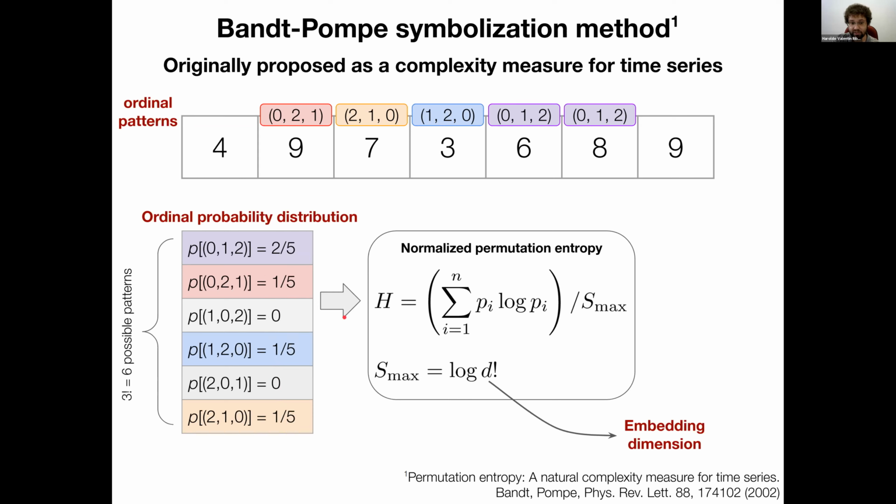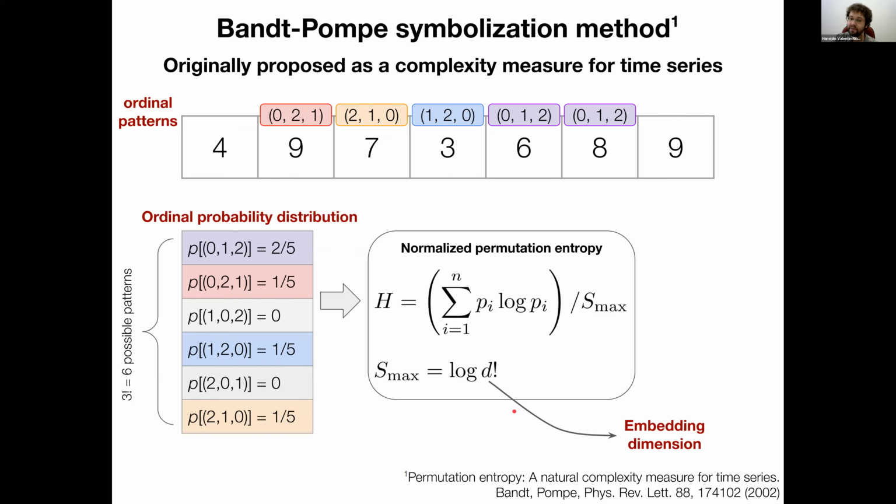And using the ordinal probability distribution, Bandt and Pompe actually proposed a measure that we call the permutation entropy, that is basically this part of the expression I'm showing here. And this is just the Shannon entropy of the ordinal probability distribution. And what I will actually be using is not just the Shannon entropy, but the normalized Shannon entropy, or the normalized permutation entropy, that is basically the permutation entropy divided by its maximum value that I'm calling S max.